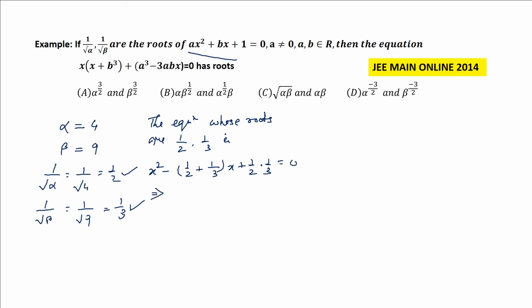Which implies, after simplification, you get 6x square minus 5x plus 1 equal to 0. Comparing this equation and this equation ax square plus bx plus c equal to 0, you get a equal to 6, b equal to minus 5 and c equal to 1.